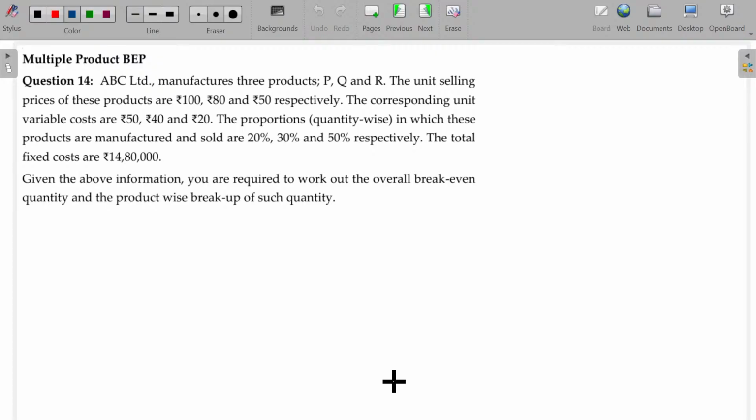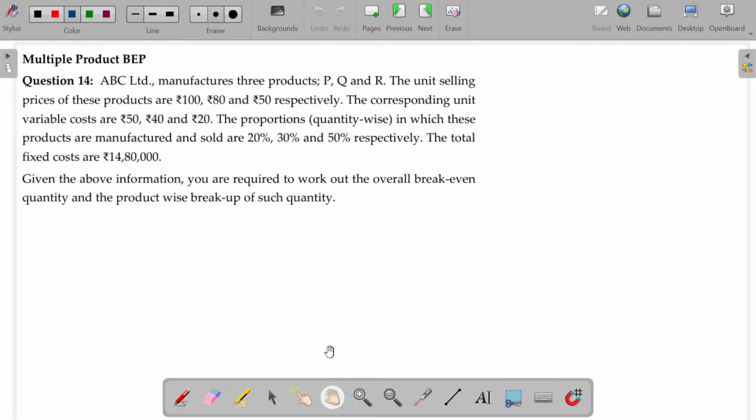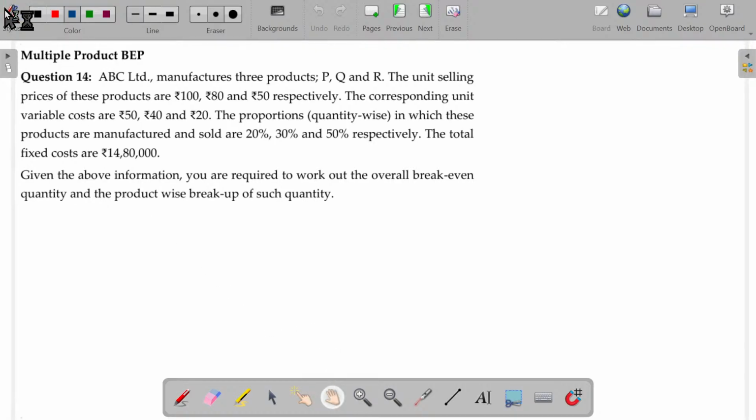CMA group 2 students will have it. CA group 1, CA group 2 and CMA group 1 may not have this illustration. Anyhow, you can learn this for advanced understanding.